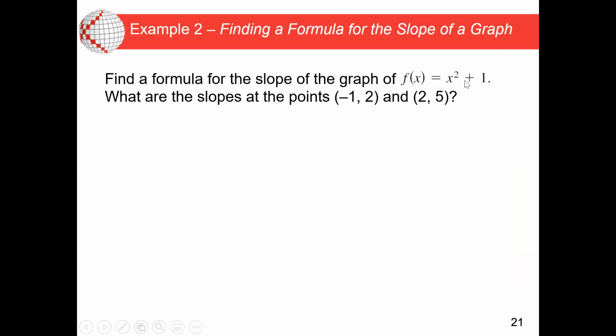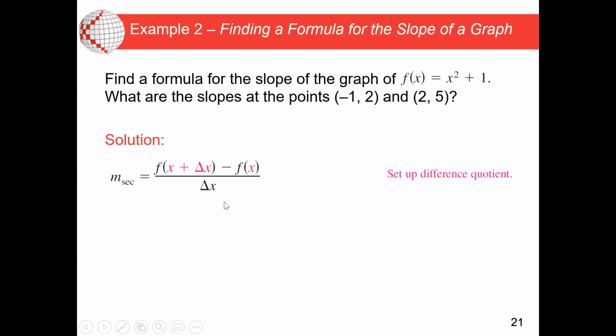Then after you find the formula, use that formula to find the slope at the point -1, 2, which means when x is -1, y is 2. And then the second point, when x is 2, y is 5.